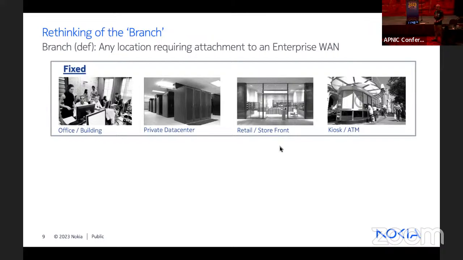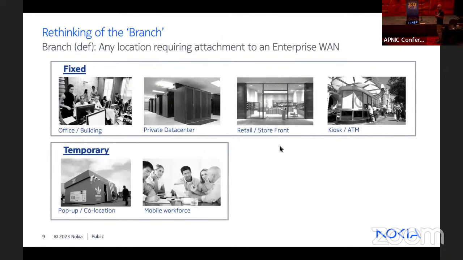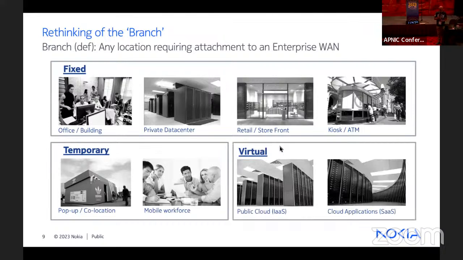You might have some of these more itinerant bits of connectivity like kiosks and ATMs or pop-up shops that need connectivity. We've also got this more temporary element, the pop-up stores and the mobile workforce that could be working from anywhere, as we found out during the pandemic. And then you've got the virtual, which is your cloud, right?